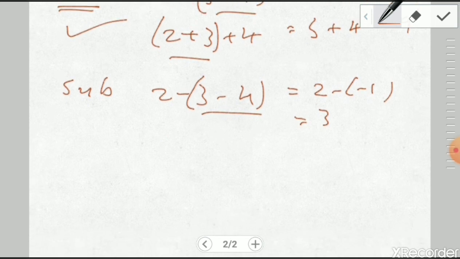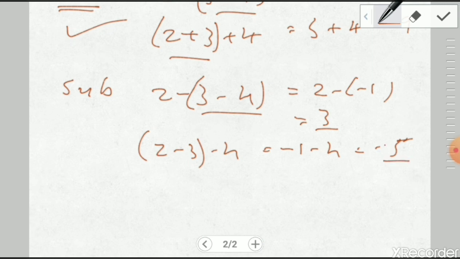Same, if I change its associativity, 2 minus 3 minus 4, and make the association for the 2 and 3, so 2 minus 3 becomes minus 1, and minus 4 means minus 5. So both have different answers. That means it is not associative.